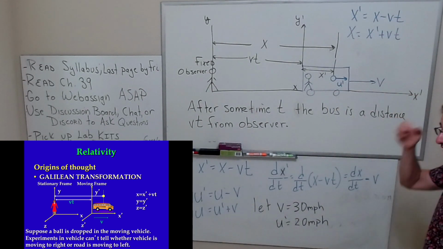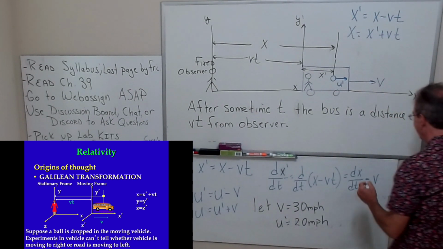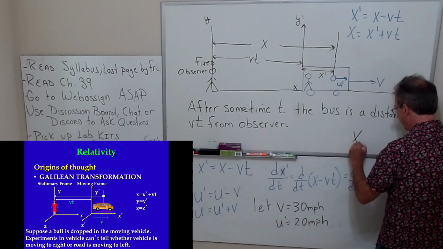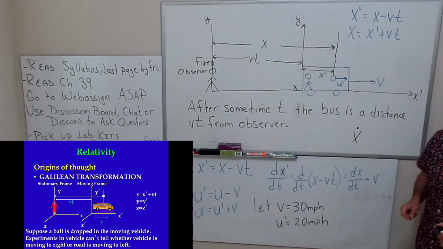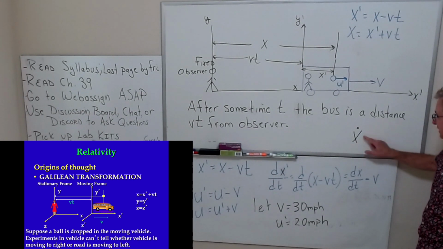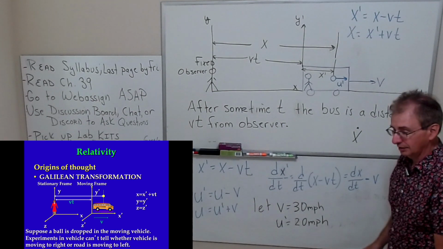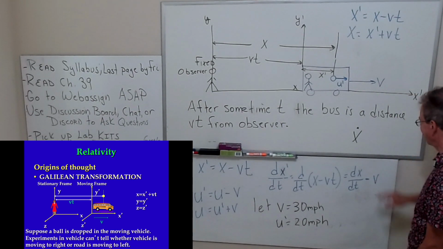In physics, the prime can mean time derivative. If you're a physics major and take a junior level class, you'll see physicists write it with a dot over it because we use a lot of primes.